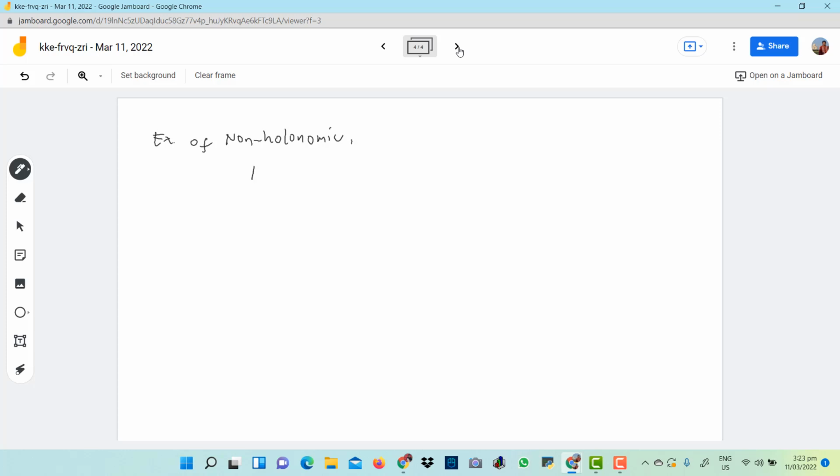Okay? A particle constrained to remain outside the surface of the sphere. Okay? To remain outside the surface of the sphere.